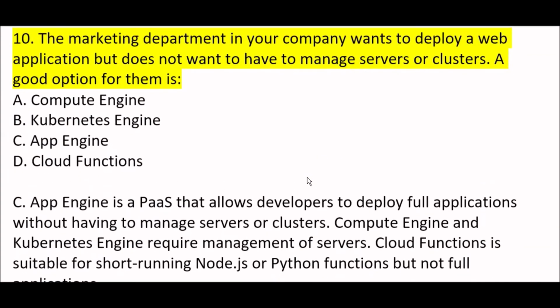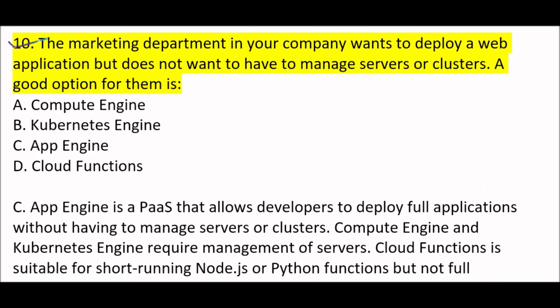Okay, next question. The marketing department in your company wants to deploy a web application but does not want to have managed servers or clusters. A good option for them is option A, Compute Engine, option B, Kubernetes Engine, option C, App Engine, option D, Cloud Functions.